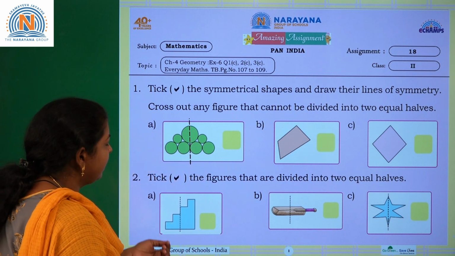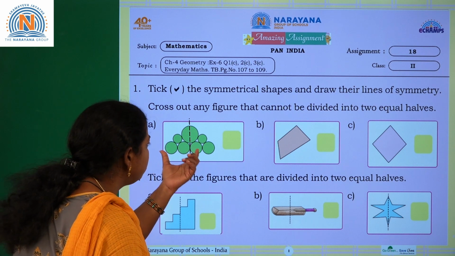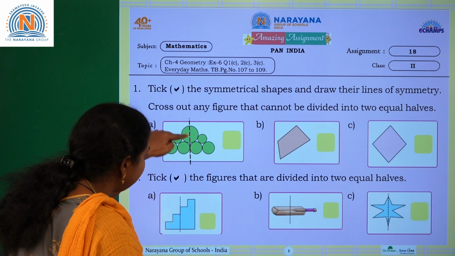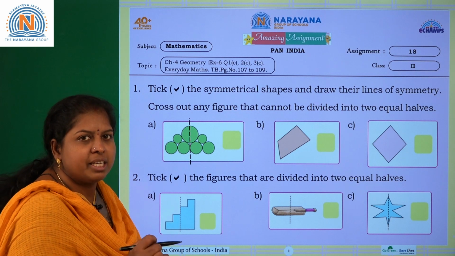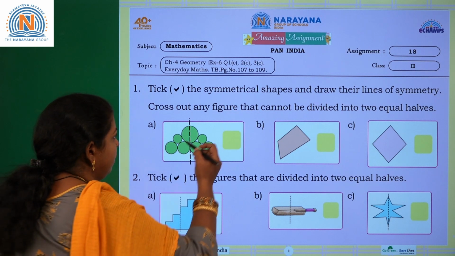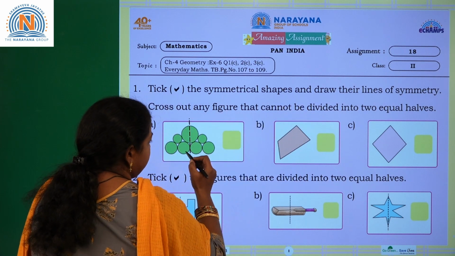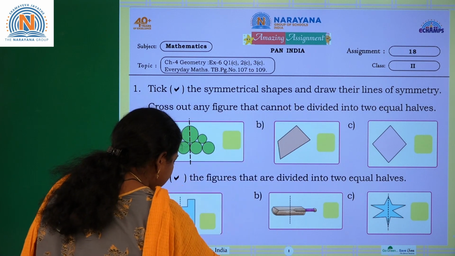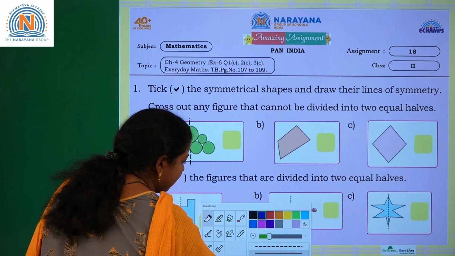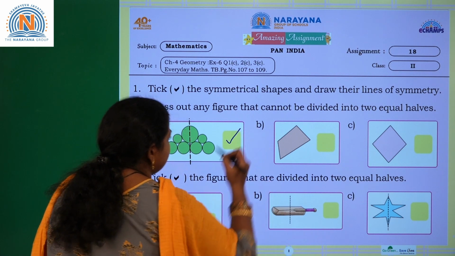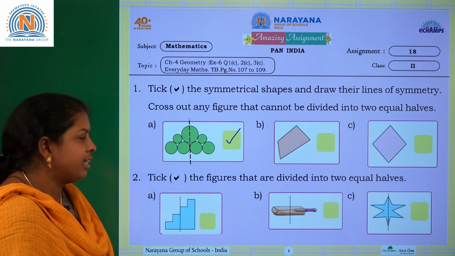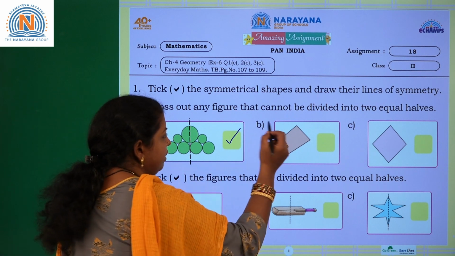Yes, exactly, it was divided into two equal halves. So this line is called a line of symmetry. Take the symmetrical shape. So we need to take this as this is the symmetrical shape, right? Let's do that one. And second one, B bit.